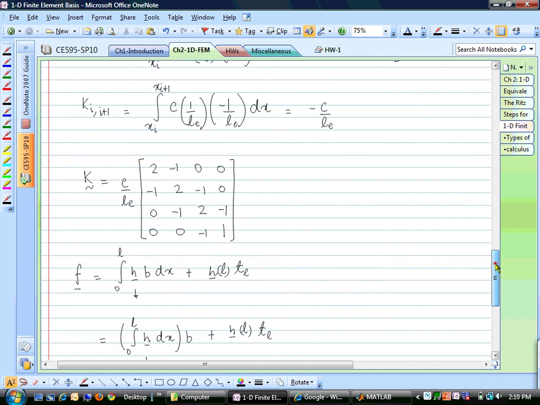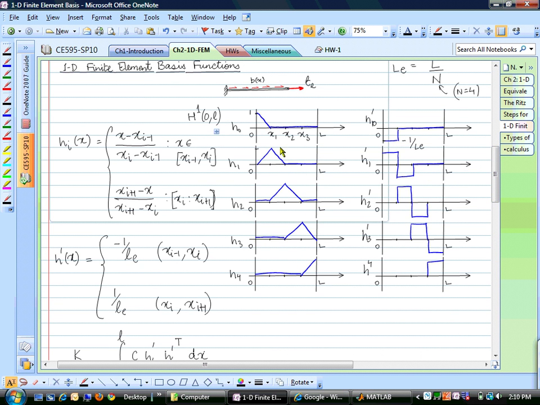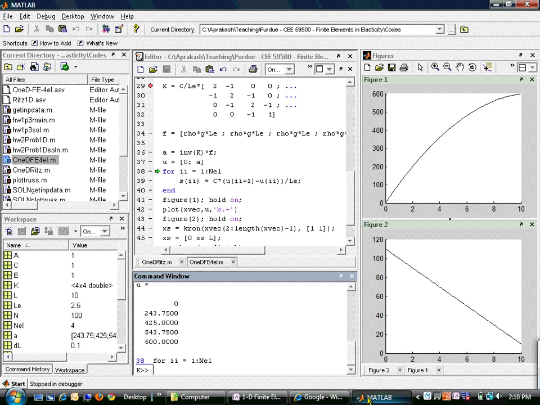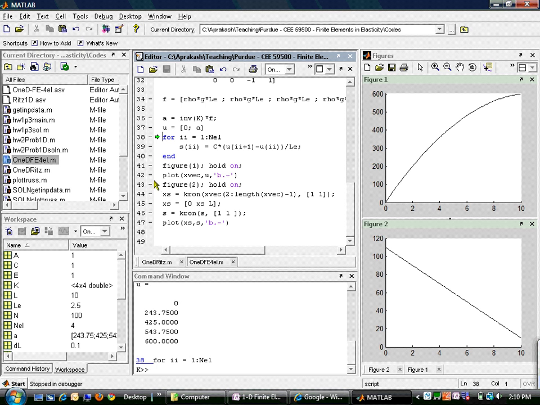The shape functions are linear within some range, but their derivatives, the stresses, are actually constant over those ranges. So we need to be careful about calculating the stresses. So let me not go through this loop, and let me simply plot here.